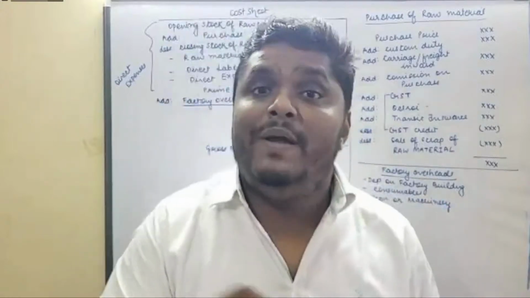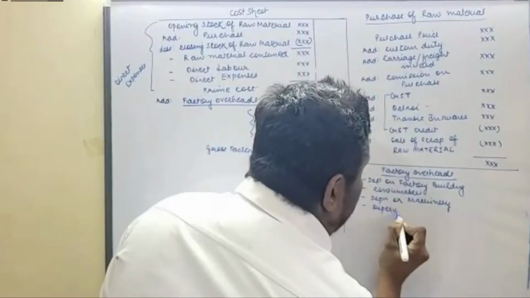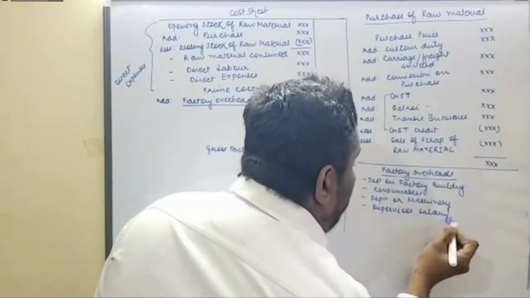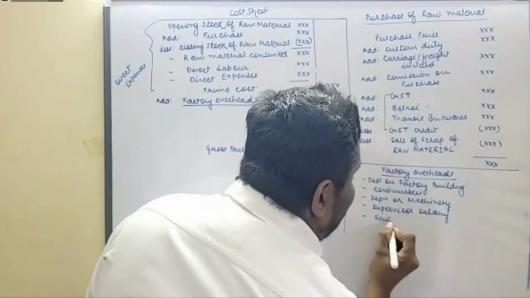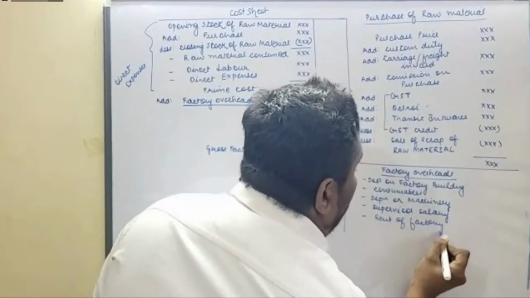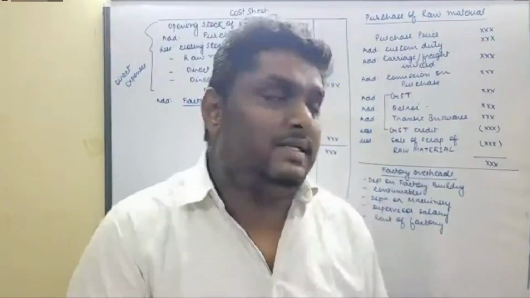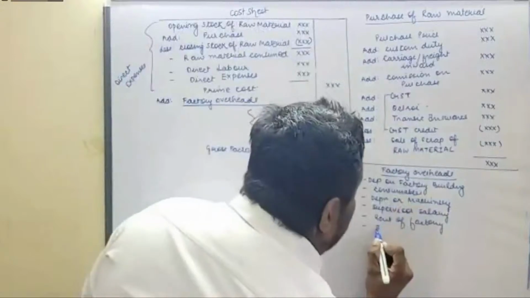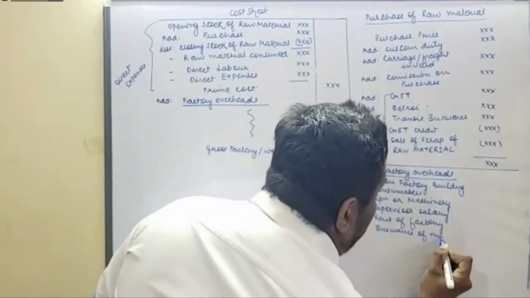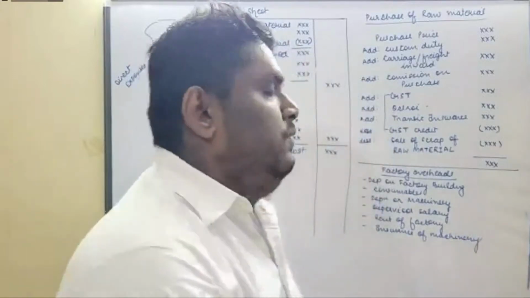If we are paying supervisor salary, again it will form part of factory overheads. If we are paying rent of the factory, it will form part of factory overheads. Apart from this, it can be insurance of machinery. It will form part of factory overheads.